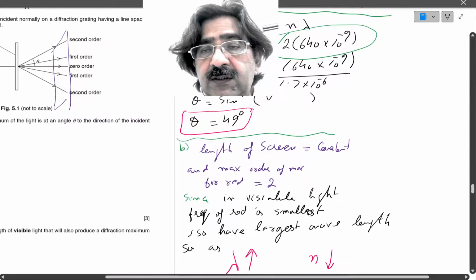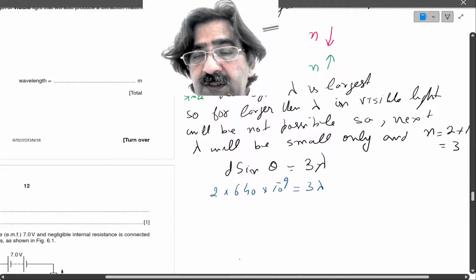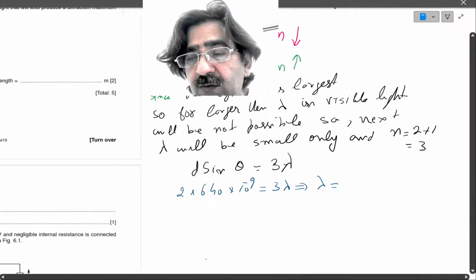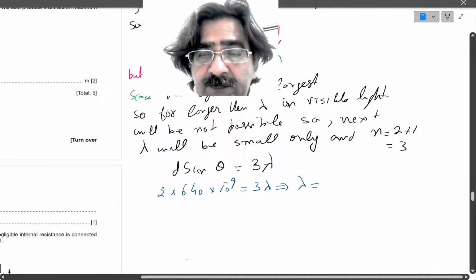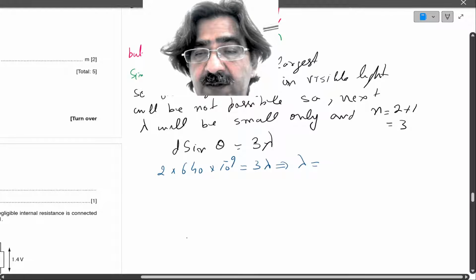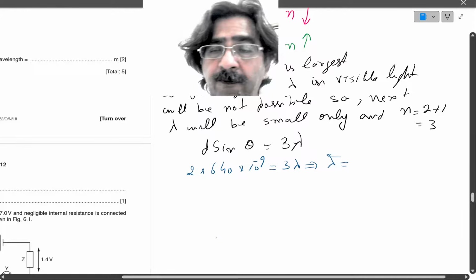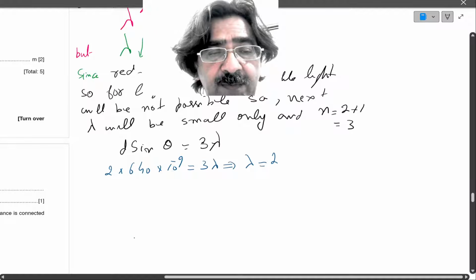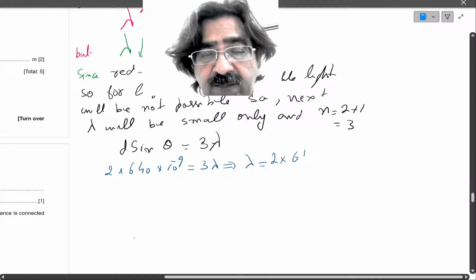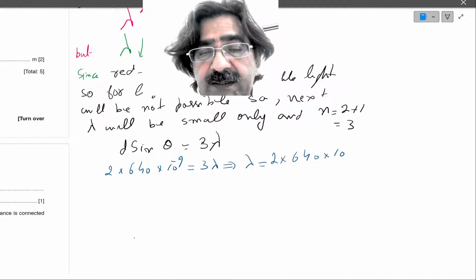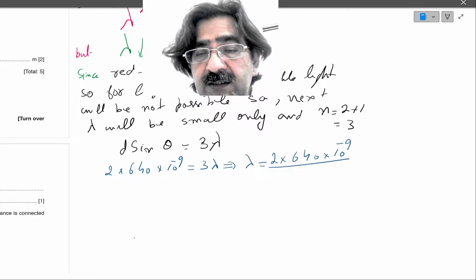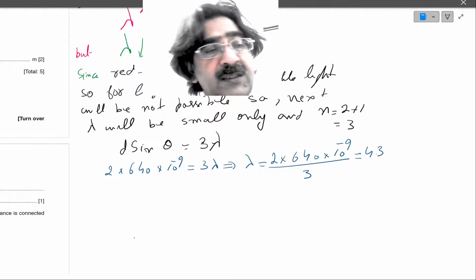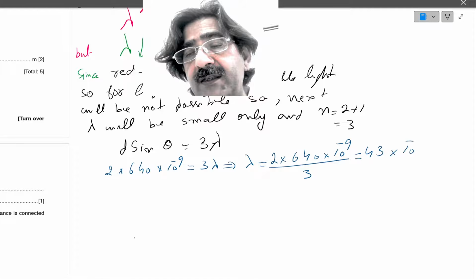So this implies that lambda will be equal to 2 multiplied by 640 times 10 to the power minus 9 divided by 3, and that will be equal to 4.3 times 10 to the power minus 7.